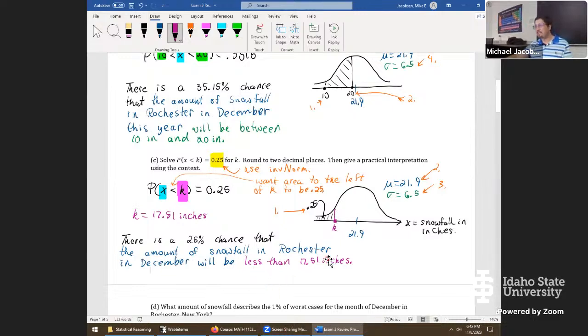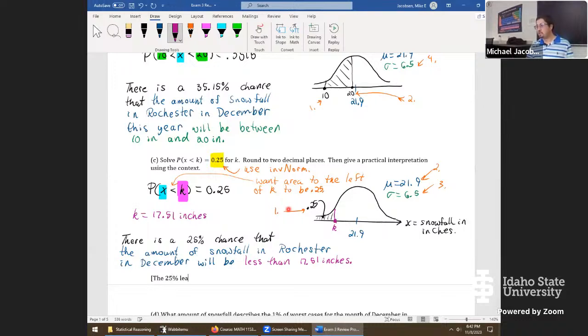You could also give a slightly different interpretation if it just feels like it makes more sense. Let's put this in brackets. You could say the 25% least severe winters in Rochester will have 17.51 inches of snowfall or less.